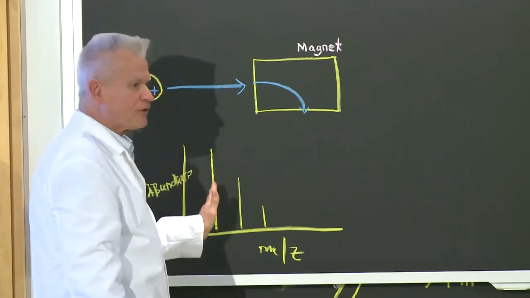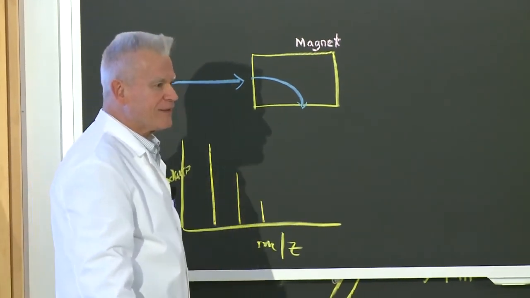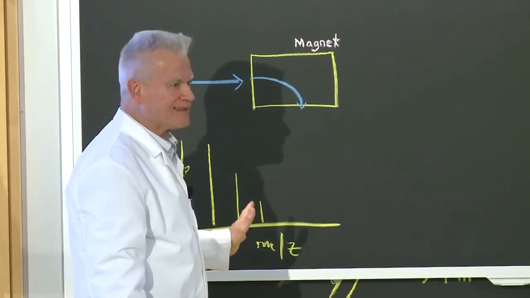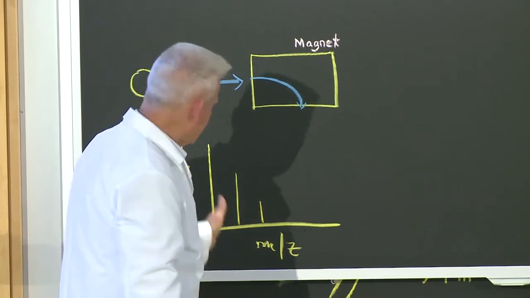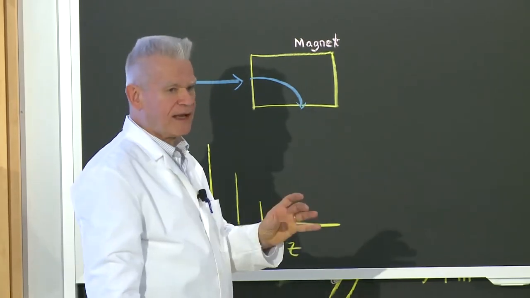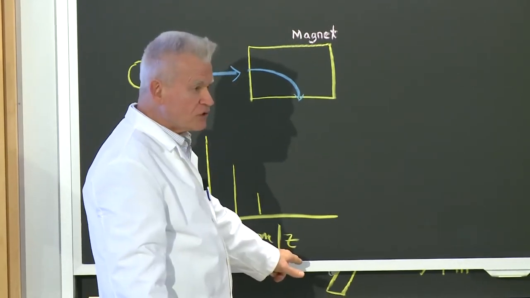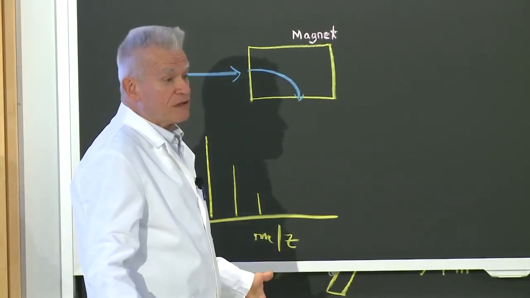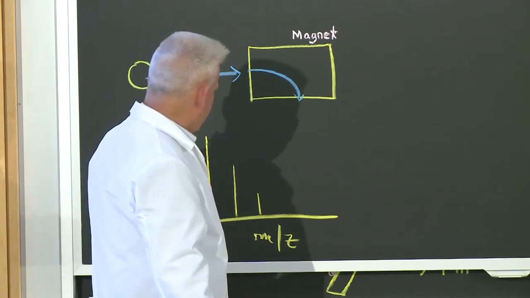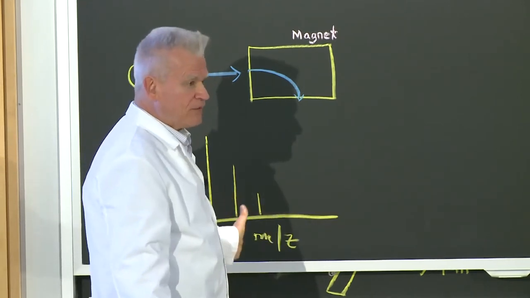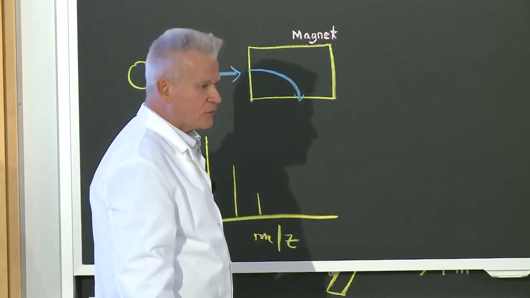So you're going to get vertical lines representing the abundance of the ions that were detected in that spectrum. Each vertical line represents an ion. And we're talking about mass-to-charge ratios. The charges are usually +1. So what we're looking at in a mass spectrum are the masses of the individual ions.